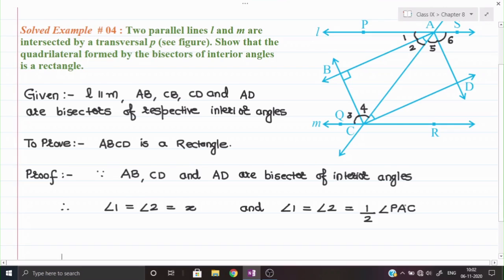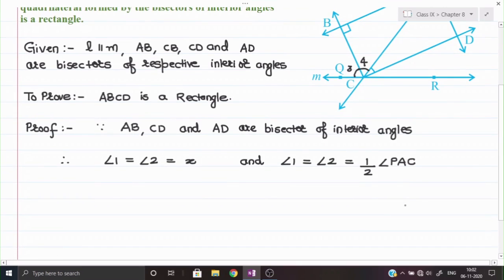Now similarly we can say angle 3 is equal to angle 4 is equal to, we can suppose, y, and angle 3 and angle 4 are equal, but they will be half of one of the interior angles.